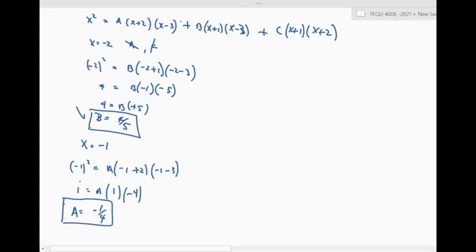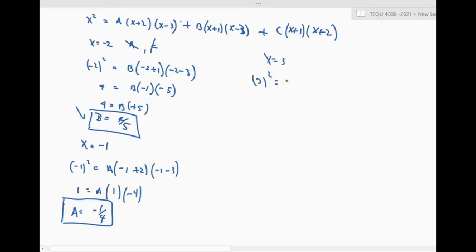For the C value, check how you can eliminate the A and the B. Obviously, you put x equal 3. This is gone, and so is this one. So let's do that. When x equal 3, you have 3 squared equal, remember this part is gone, the B is gone. The only thing left is the C part.